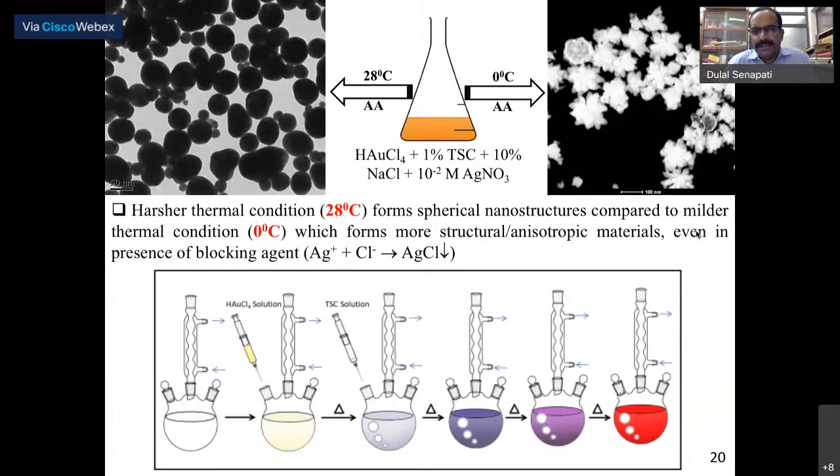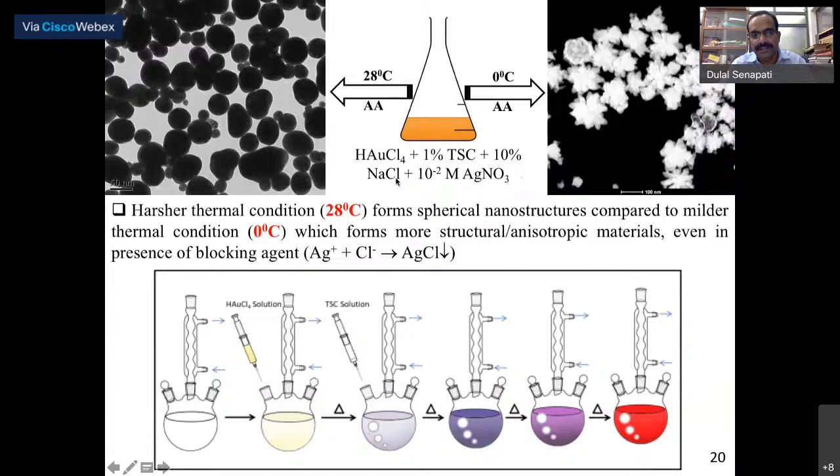Similarly, as in the previous example, here I have shown one more reaction: gold chloride, 1% trisodium citrate, and then 10% sodium chloride. Sodium chloride is used here to generate the blocking agent, along with 10^-2 molar silver nitrate.